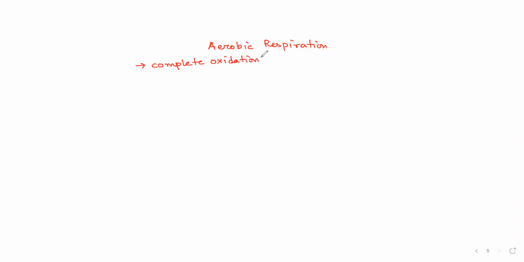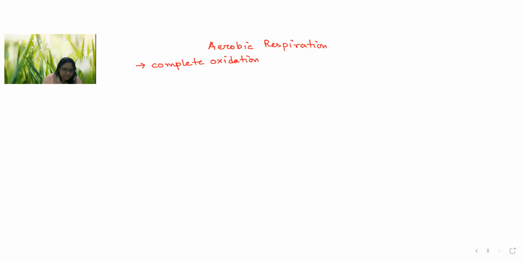Apart from that, it yields no hazardous product, although the carbon dioxide released by this process is not very well appreciated. It also causes pollution and problems. But if I consider the toxicity of alcohol and lactic acid, the toxicity of carbon dioxide is comparatively less.